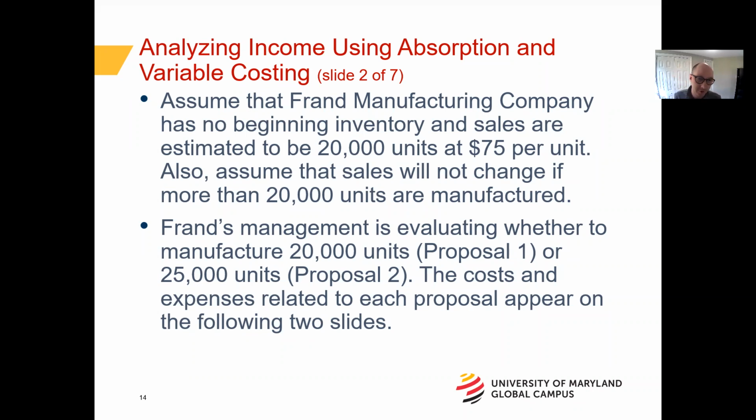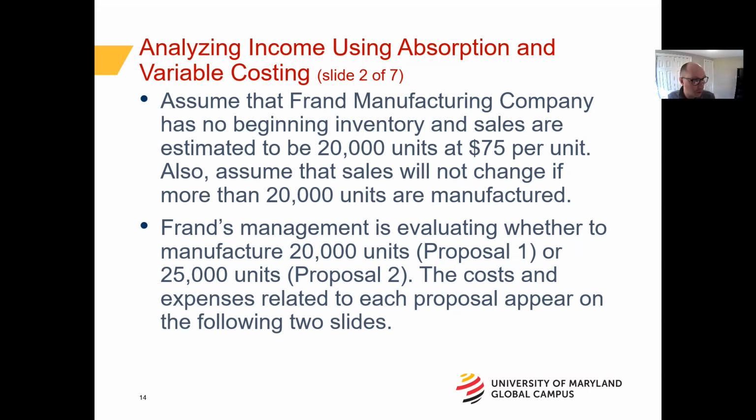Okay, so there's two proposals here. Management's trying to decide whether to make more than 20,000 units. If they say, listen, we're going to sell 20,000 units, guaranteed, no problem. What if we decide to make 25,000 units, knowing that we're only going to sell 20,000?